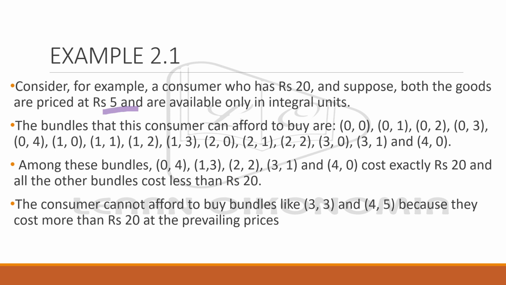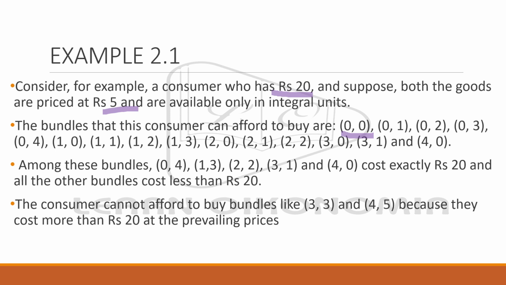So there are two goods, both of which are priced 5, and this person is having 20 rupees with him. So what can be the available bundles? This is what we are going to see. So he can afford 0, 0. If 0, 0, he is not consuming either of these commodities, neither mango nor banana. Nothing he is consuming.